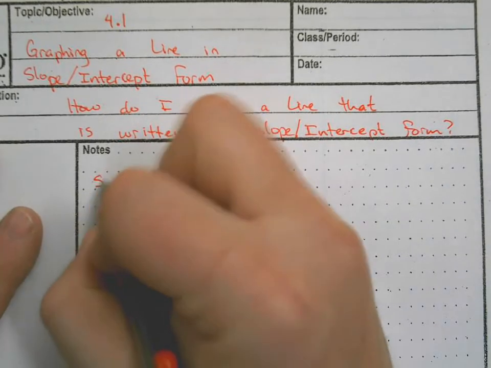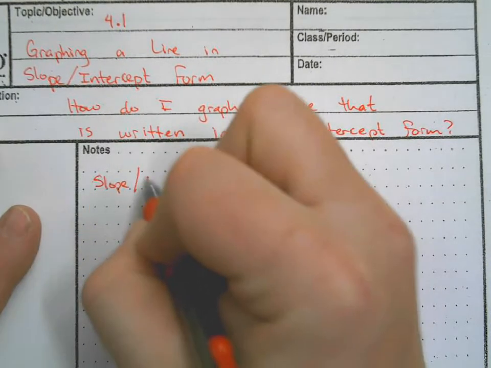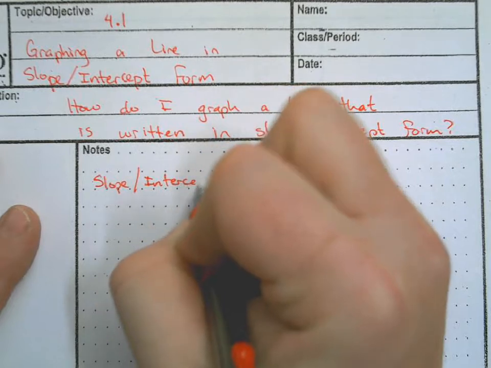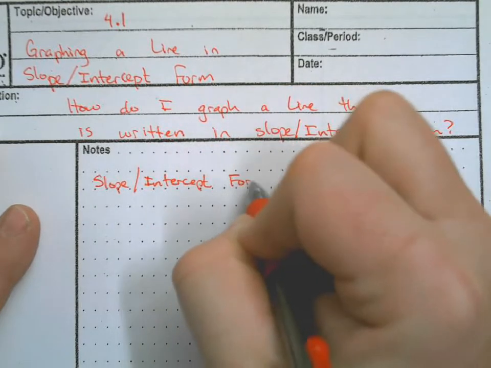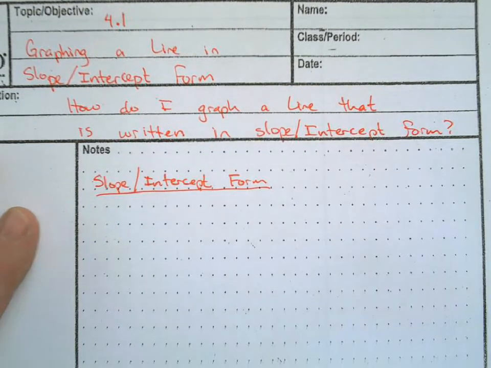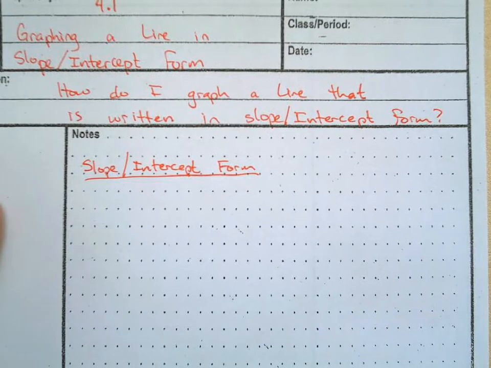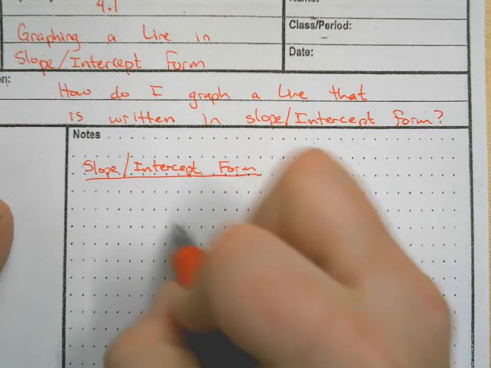So let's write our slope intercept form to begin with. We'll be using this one a lot, so this is a very important form.